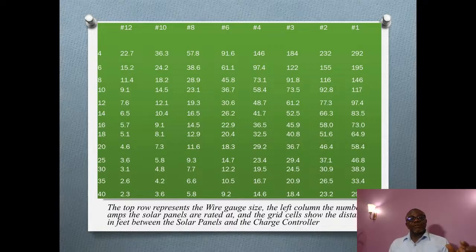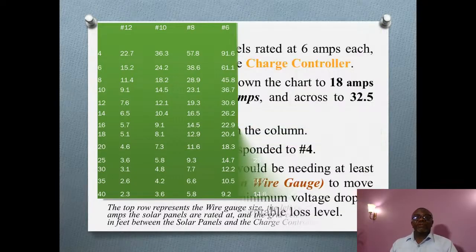Amps is the unit of current, the number of amps the solar panels are rated at. And the grid cells, the values inside, show the distance in feet between the solar panels and the charge controller. So we'll come back to this table.